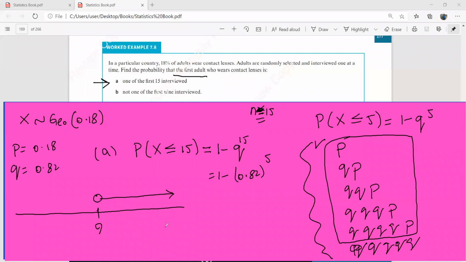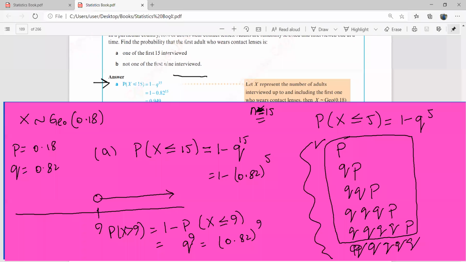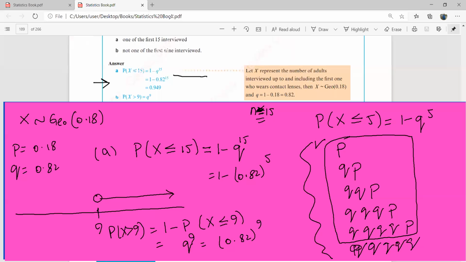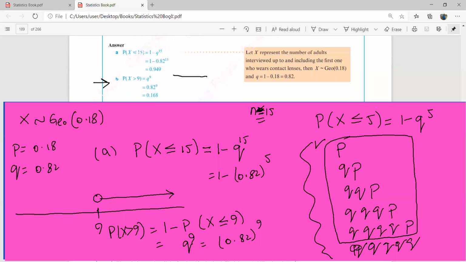So this means 1 minus the probability X is less than or equal to 9, which is asking for probability X is greater than 9. So this is going to be q raised to power 9, or simply 0.82 raised to power 9. Let me check my working. Yeah, the first one is right, and the second one is also right.